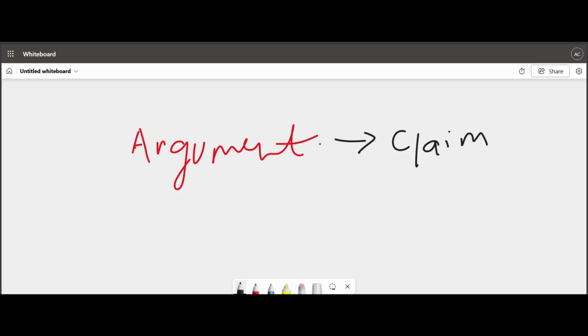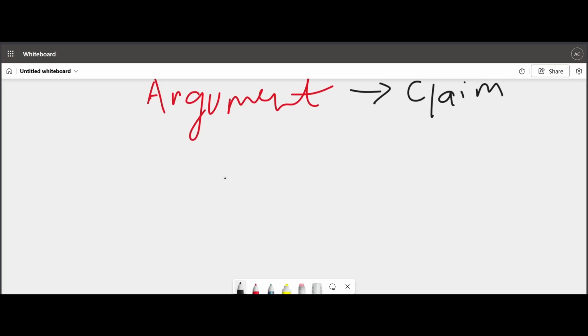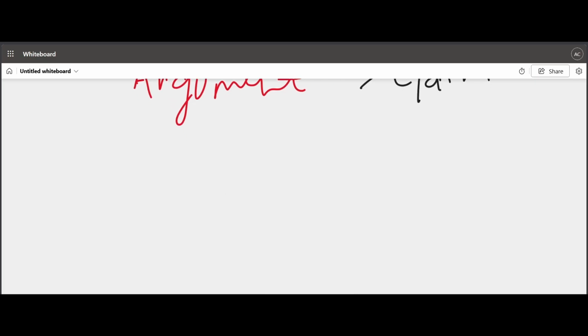An argument is the very first principle building block that you need to know in order to understand formal logic. So let's say you have an argument, okay? Let's say you have a claim.